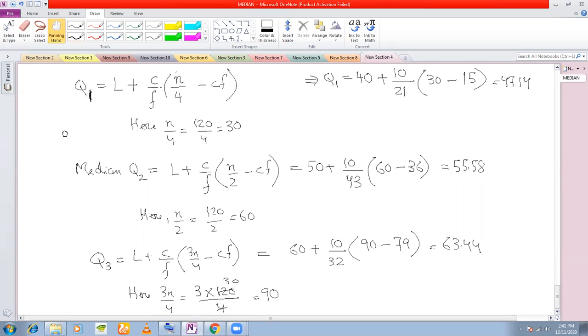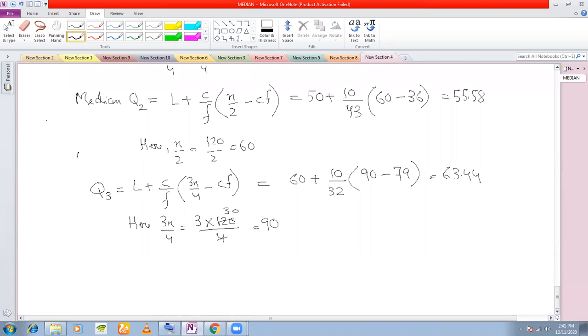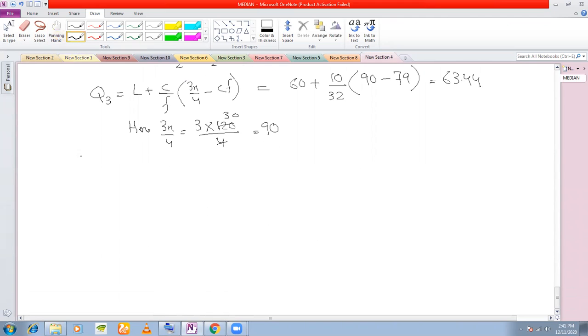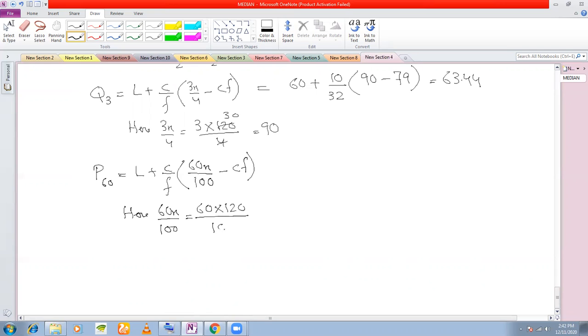And finally, we calculate the 60th percentile. Exactly same median formula we are going to use. P60 we want to calculate. L plus C by F into 60th percentile means 60N by 100 minus CF. Okay. So here 60N by 100. Put the value of N, 120. 72, sir. 72.